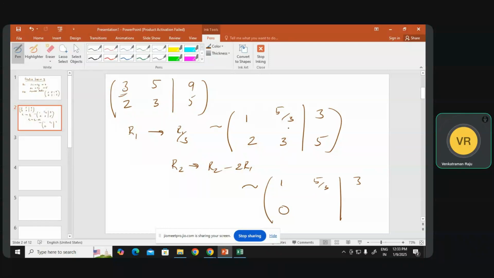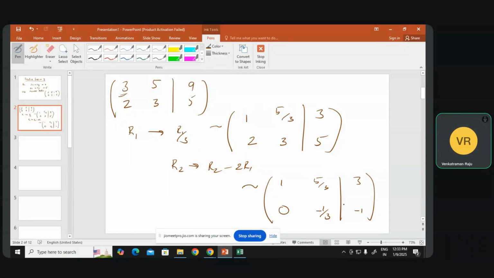This 3 minus 5 by 3, you can check it, becomes minus 1 by 3. 5 minus 2 times 3 is minus 1. Did I make a mistake earlier? 3 minus 2 times 5 by 3 is minus 1 by 3. Okay, so till now good.